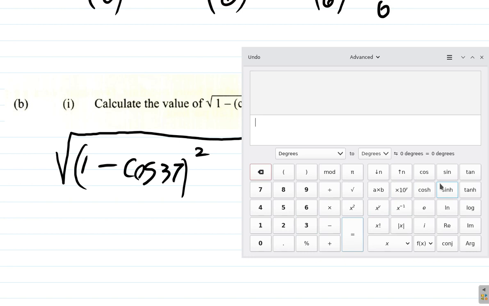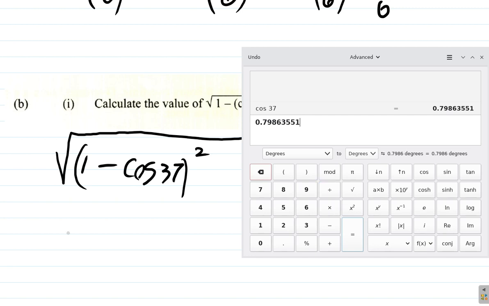So what is the cosine of 37? Now, we're asked to write to at least 3 decimal places. So let's work with more than 3 decimal places. Then when we're done, we can round down to 3 decimal places.